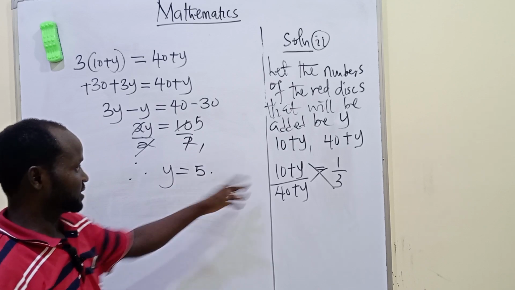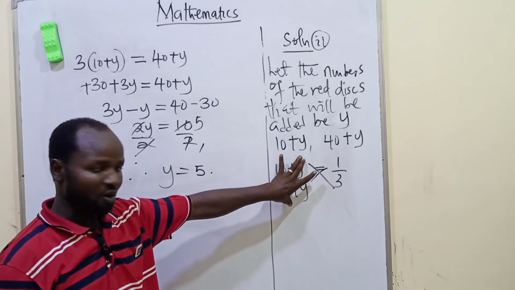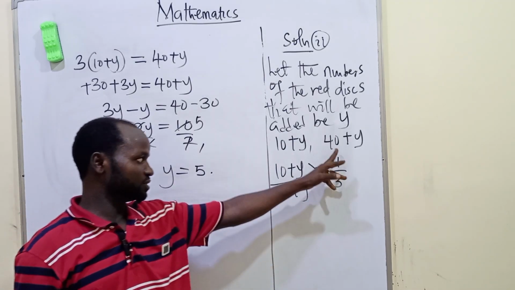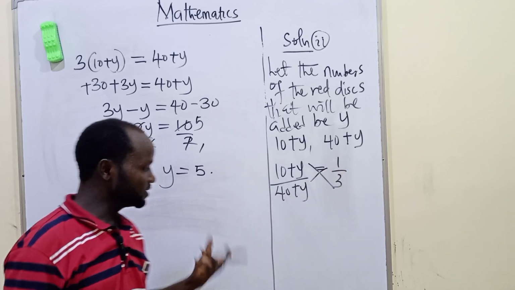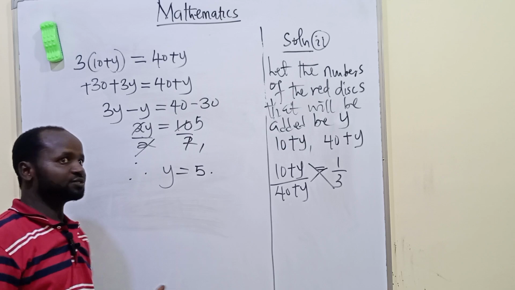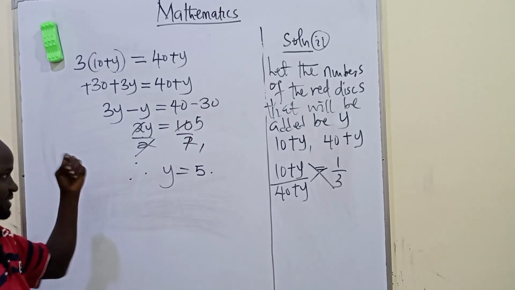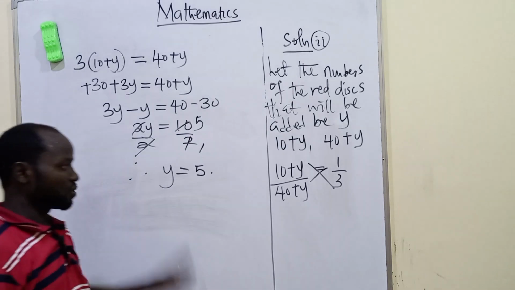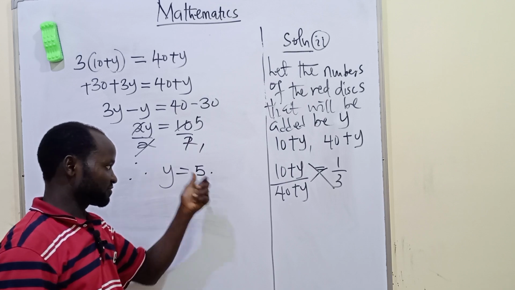We can verify that by plugging the value of y into the left hand side, and it will be 1 over 3. So the number of red discs that will be added for the probability to be 1 over 3 is nothing but 5.